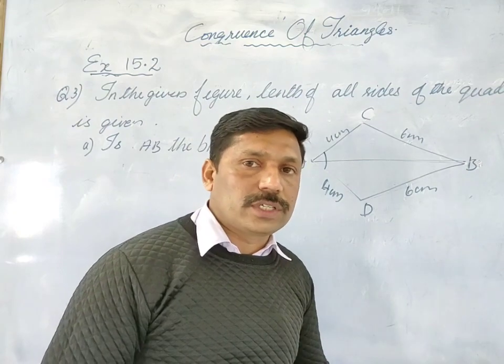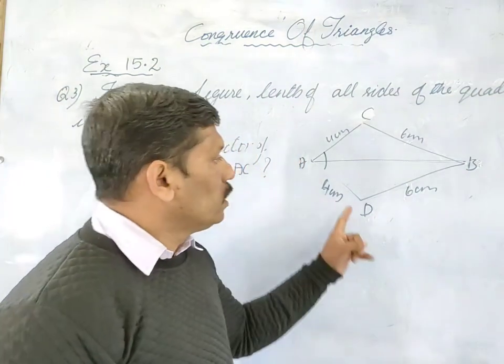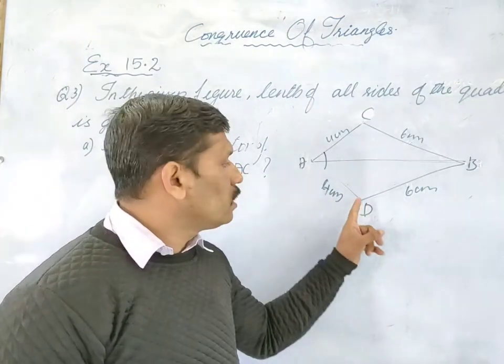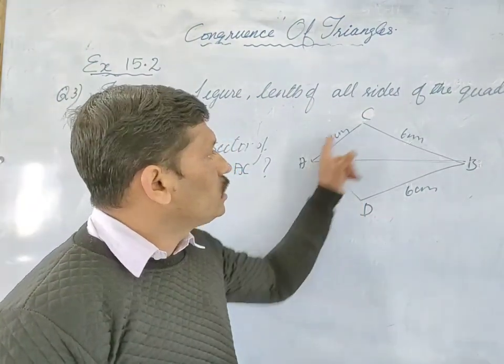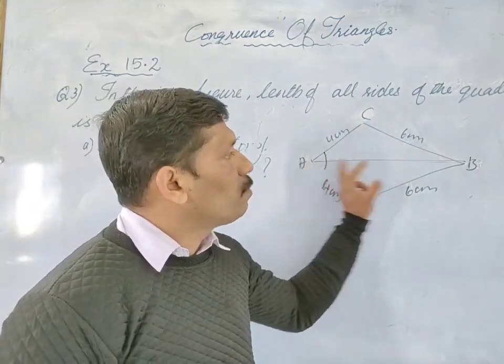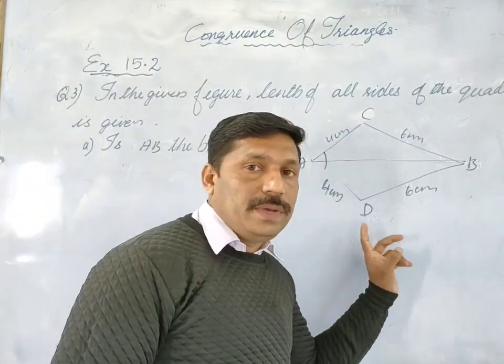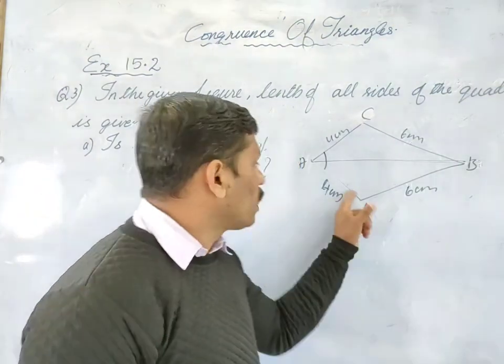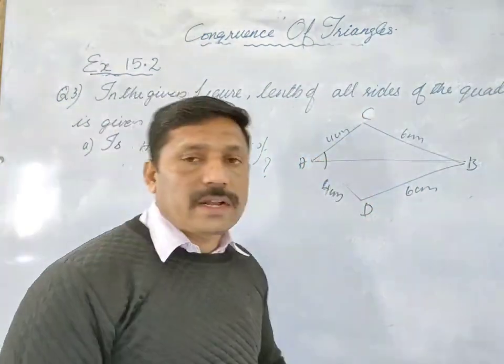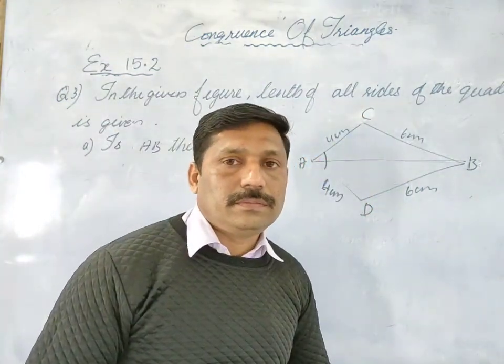So in this question, we want to say whether angle DAC is bisected by AB, or whether the line AB is the bisector of angle DAC.